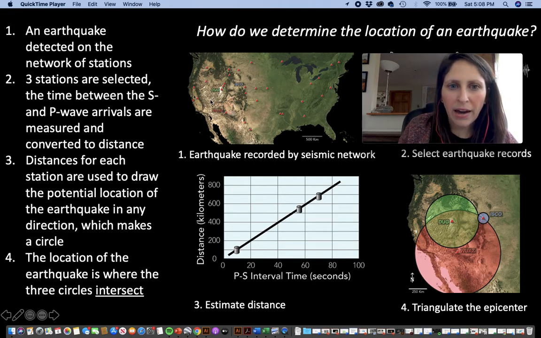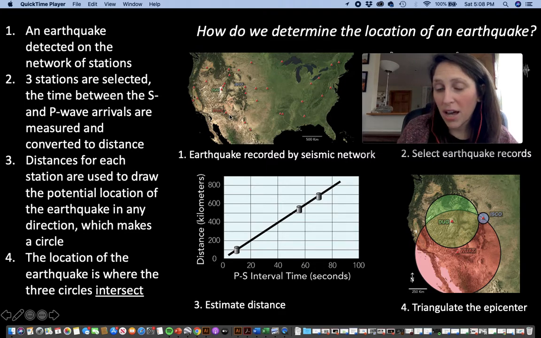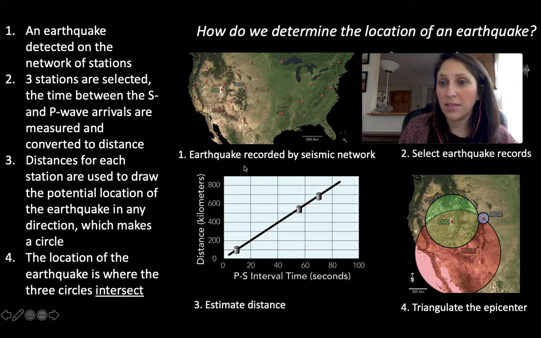But let's say we have an earthquake happening right here in this general area on the western side of the country, right? Different types of seismograms will pick up this energy that this earthquake outputs, right? And then you can plot these locations on a graph.